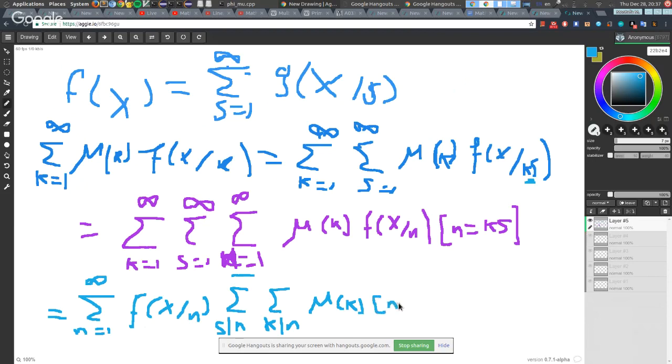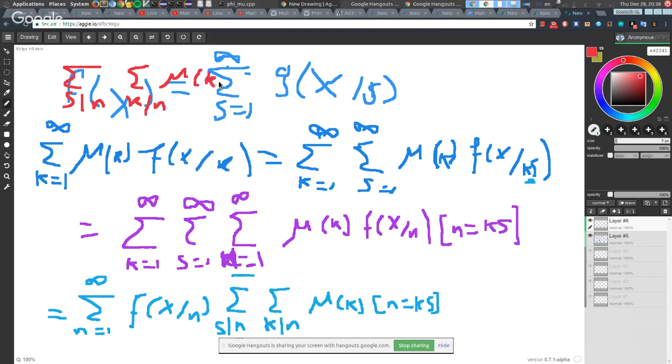Here the n has to be equal to ks. We move this summation inside: the summation over s dividing n, and the summation over k dividing n, of mu of k.